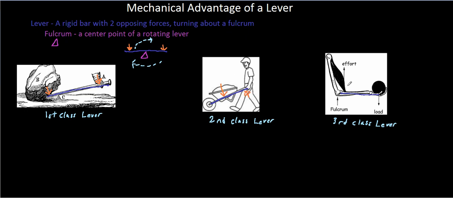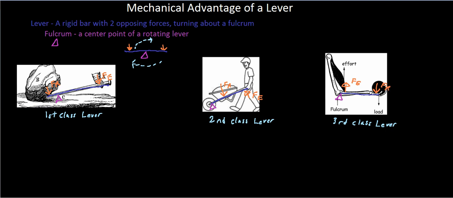And here we've got a force pulling up, fighting a force being pushed down. All three are turning about a center point, or fulcrum, so they're all basically levers. The only difference is the location of the three points of contact: the force resistance and the force effort, which are the two opposing forces, and of course the fulcrum.